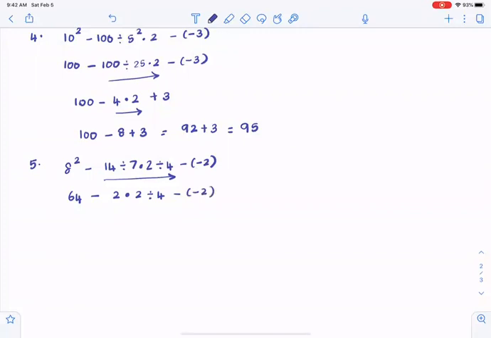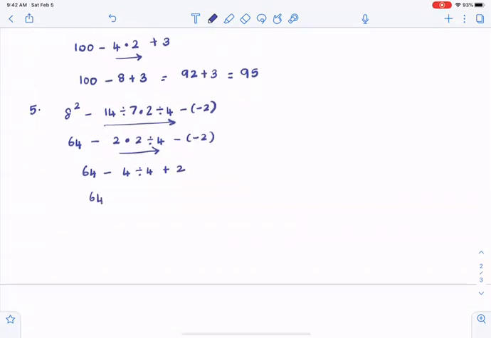We'll take care of addition and subtraction at the end. So in order, I go from left to right. So 64 minus 2 times 2, 4 divided by 4, minus times minus, plus 2.